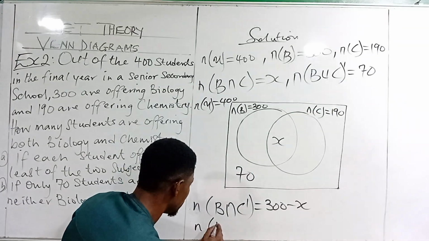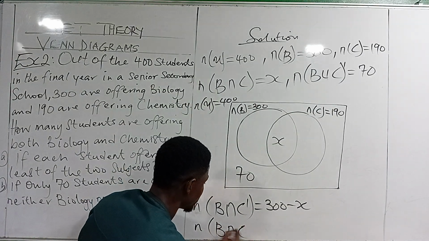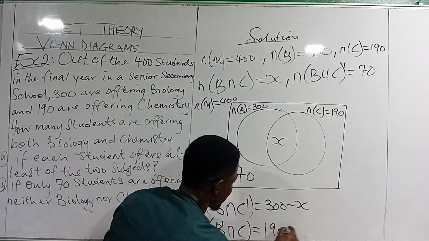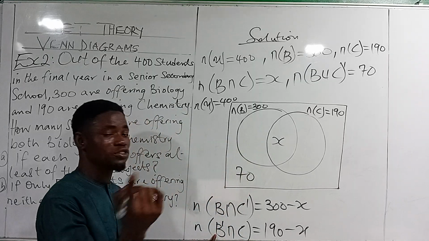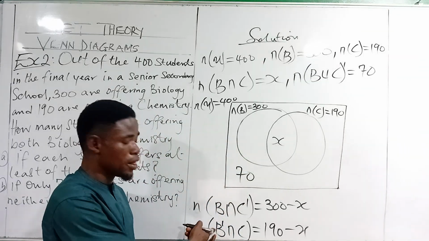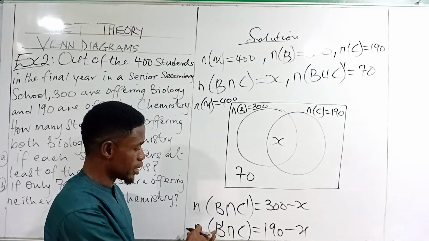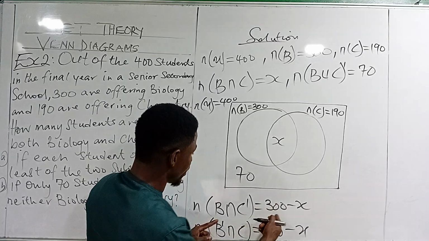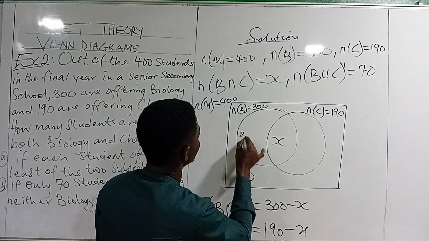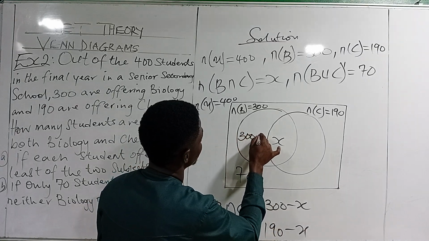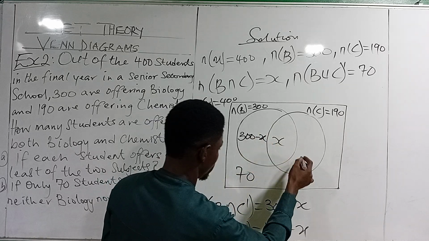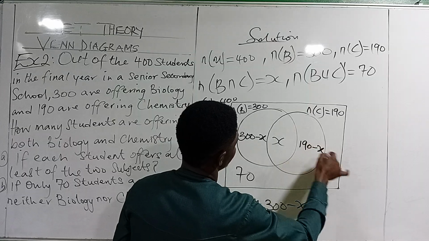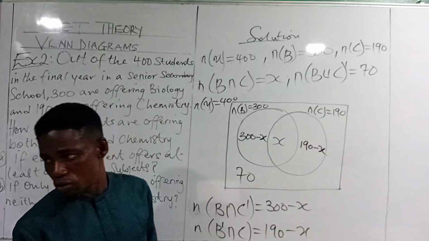It's going to be 190 minus X. Where you see this means only chemistry, and this one means only biology. Now put them here. Only biology we have 300 minus X. Then here we have 190 minus X.